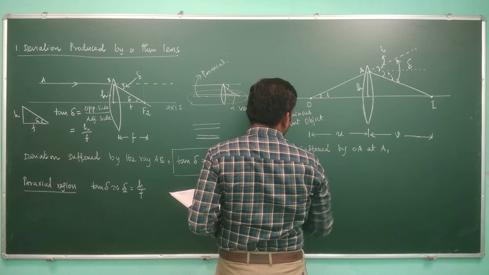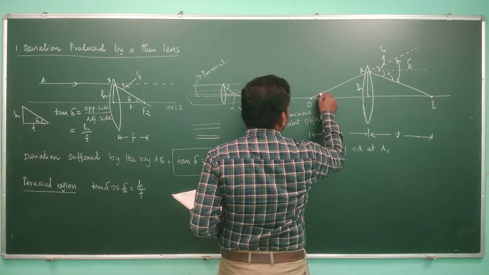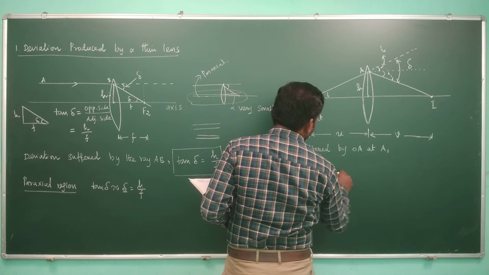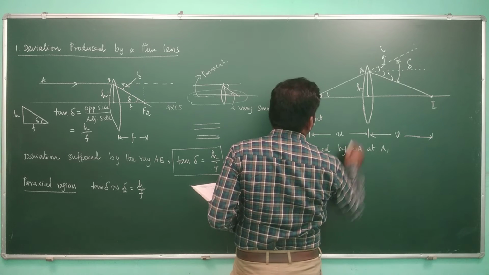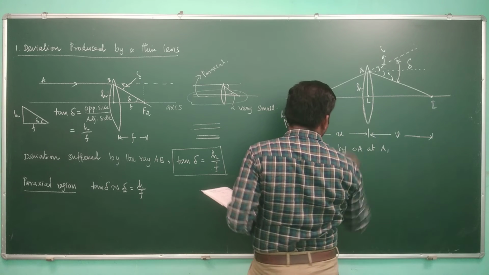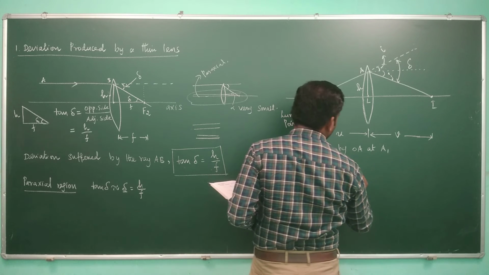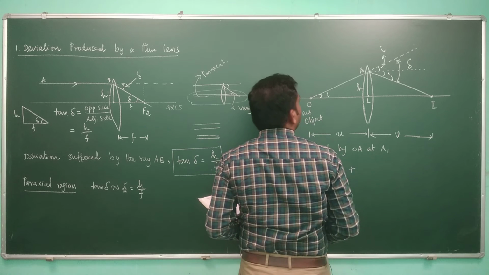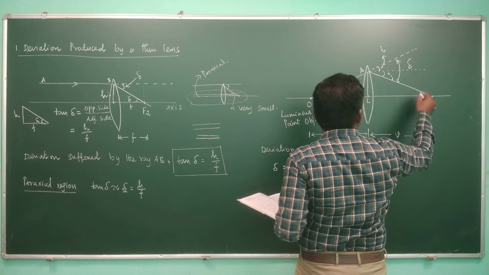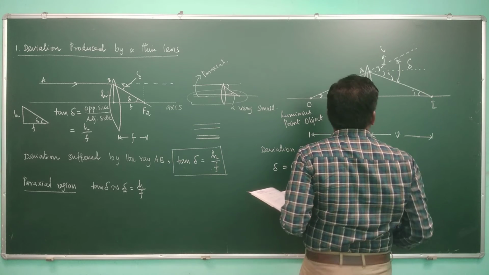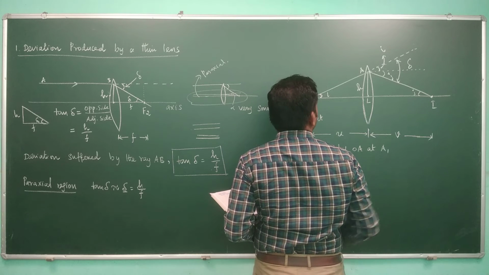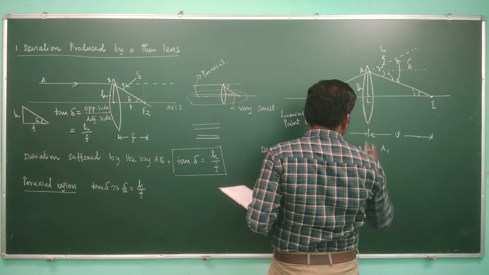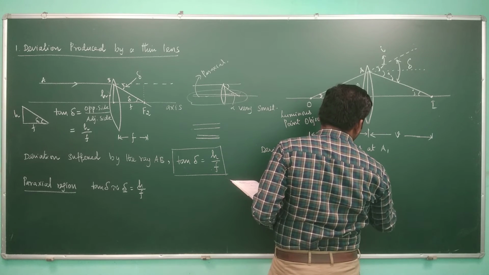How do you calculate i? It is nothing but this angle, so triangle AOL, let's put this as L, plus we want this j, which is nothing but this angle, so triangle AIL.